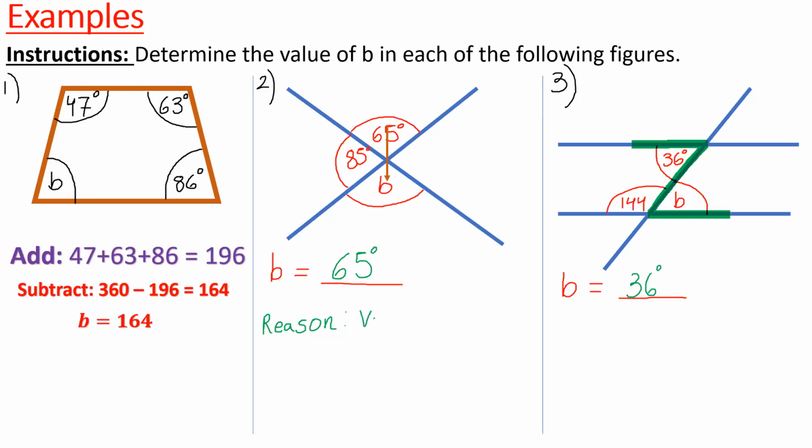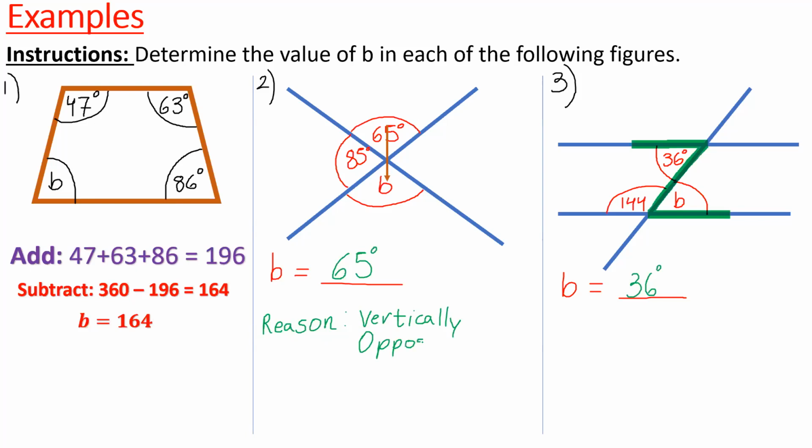So we can say that the reason is that vertically opposite angles are equal.